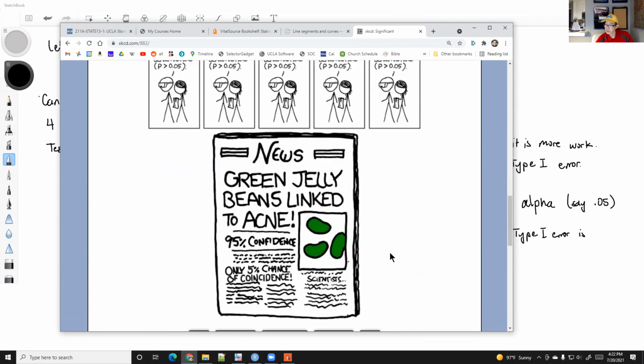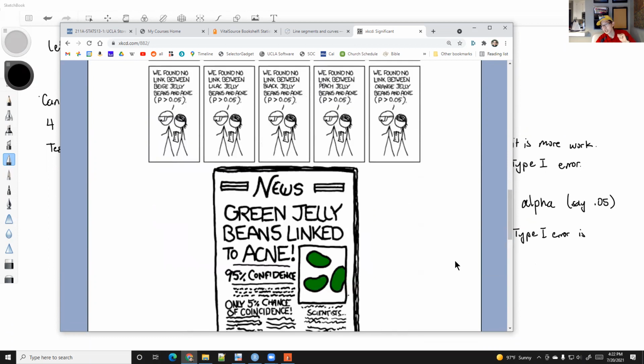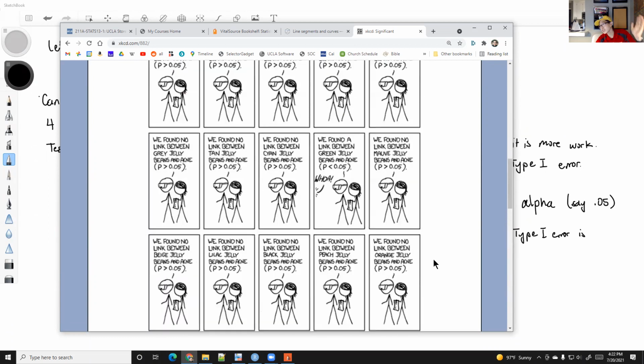But we've also dramatically increased the risk of type 1 error by doing 20 of these tests, right? If you assume you've got a 5% risk of committing a type 1 error with each test, and it's not truly 5% every single time because you're using the same data, so there are some complexities there.